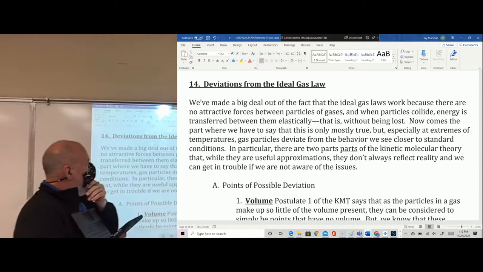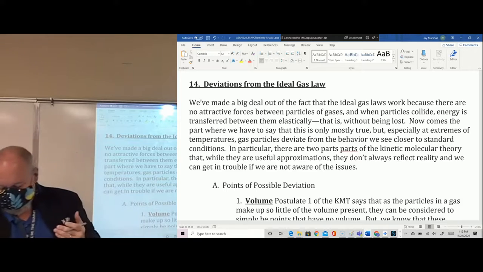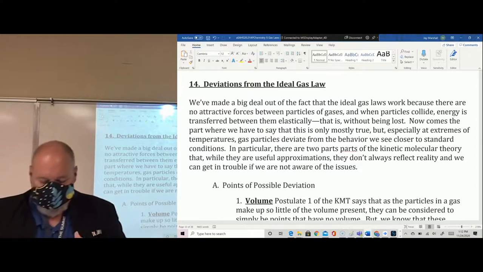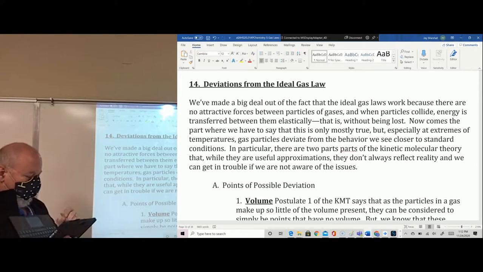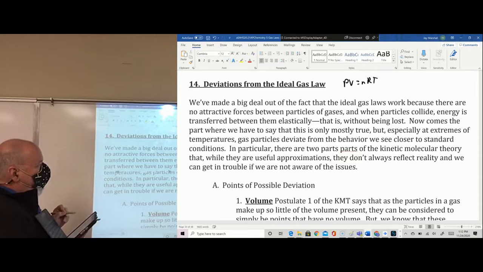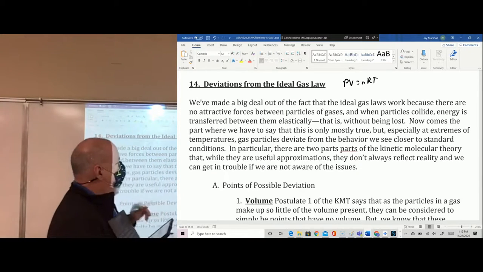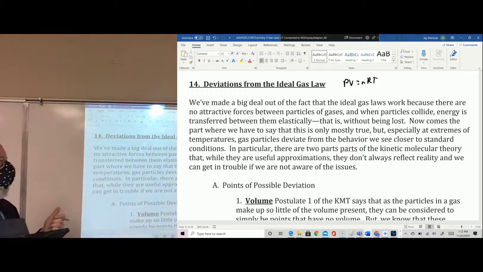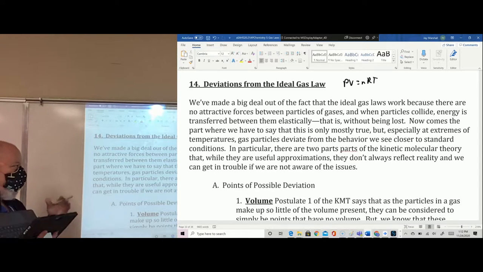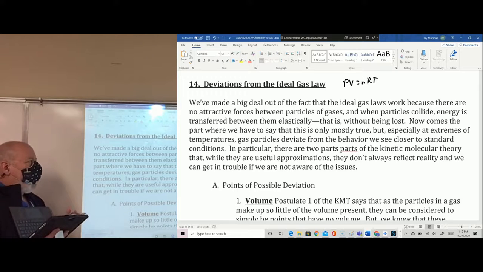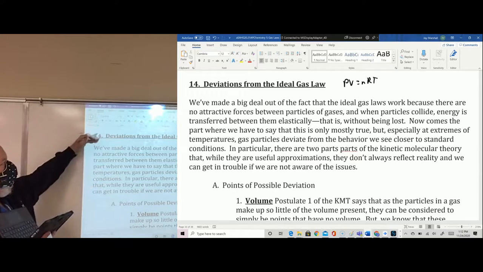Now, one last thing that we need to talk about related to gas laws is that we've pretended like this is the way it is for everything. The ideal gas law is in effect, and it's the only thing that's in effect, but that's not true.